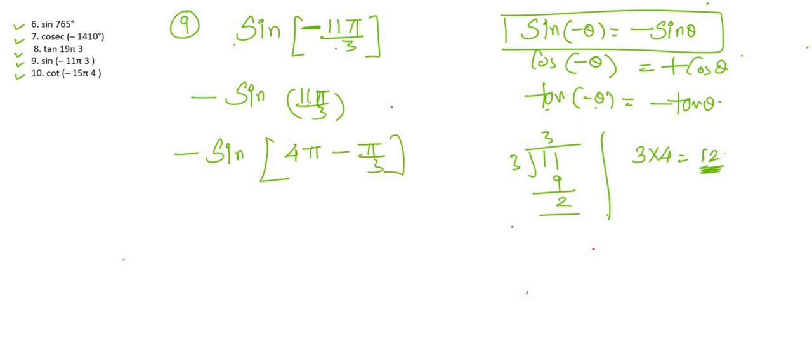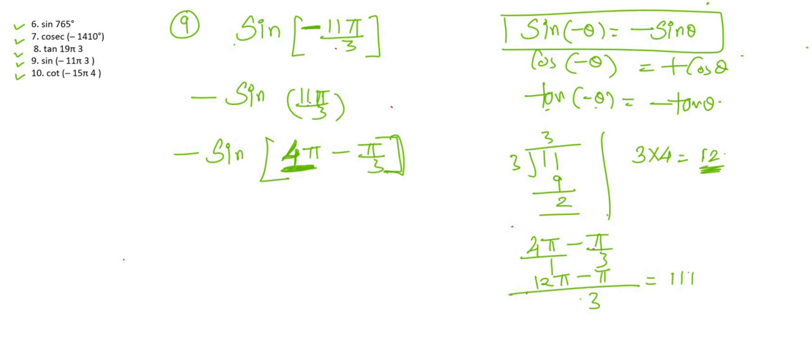Because I am looking for complete rotations: 2 pi is one rotation, 4 pi is two rotations. So 4 pi is giving me total two rotations. So why am I doing this manipulation? See here, if I write 4 pi minus pi by 3, take LCM 3, 4 3s are 12 pi minus pi.